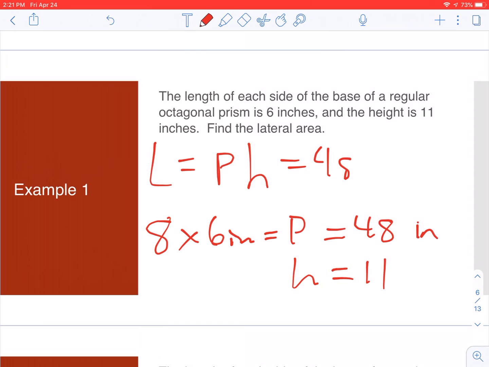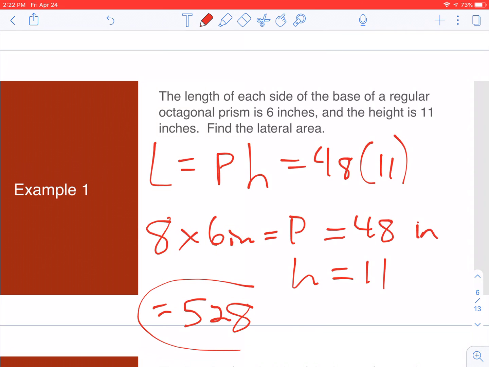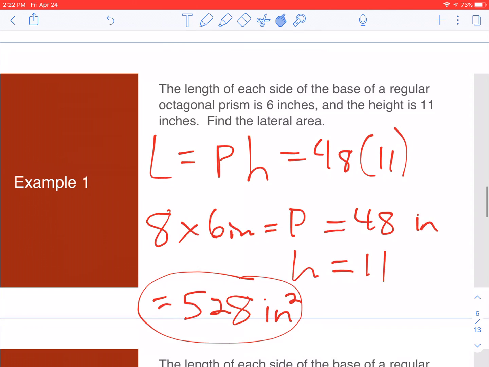So to find that, we do 48 times 11. Sorry, I didn't have my calculator ready. 48 times 11 equals, we would say the lateral area equals 528 square inches. Okay, that's the lateral area.